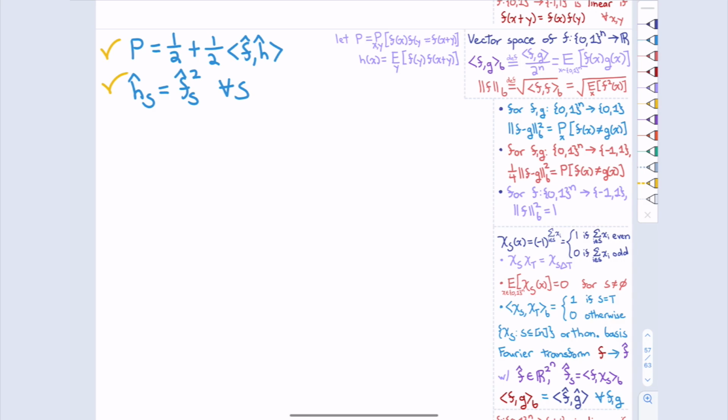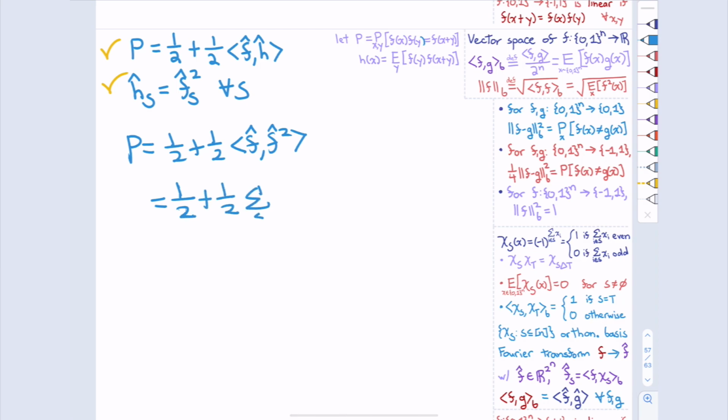Again, I think we're analyzing probabilities that are equal, but that's okay. All right, so given this, we have p is equal to 1/2 plus 1/2 f hat squared, so to speak, right? 1/2 plus 1/2 summing over all subsets S, f hat S cubed.